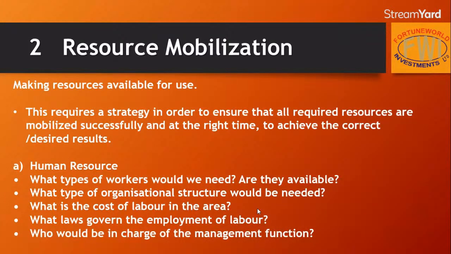Or are you going to import them from somewhere? Then if you are going to import them from somewhere, you have to look at the financial aspect of it also, the cost of bringing these people from somewhere. Okay, what type of organization structure are you going to need in your project?